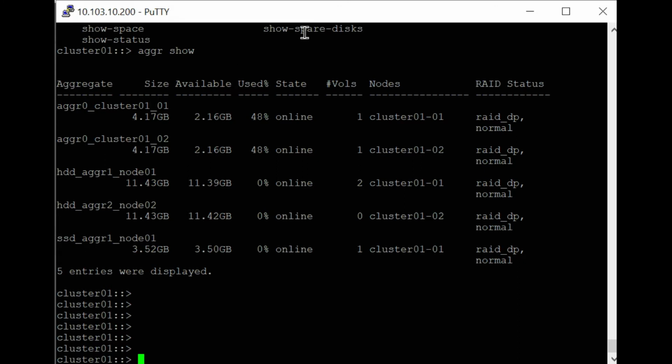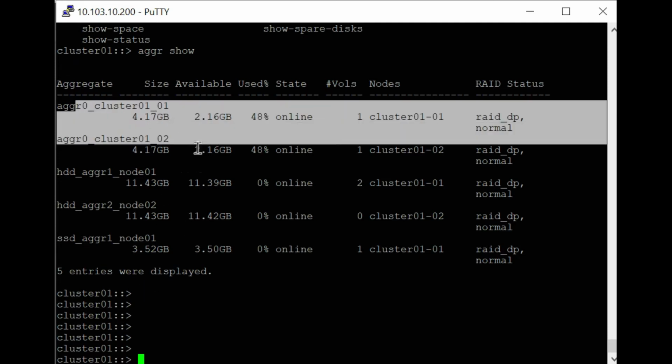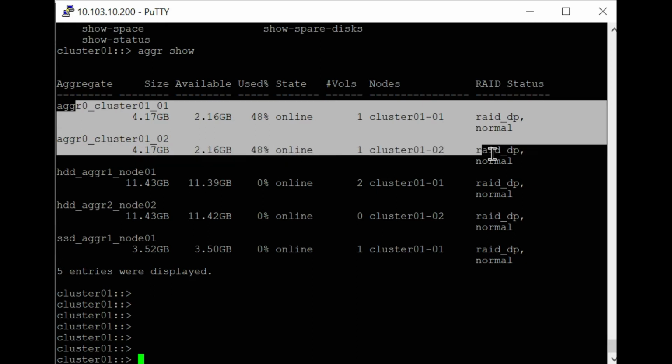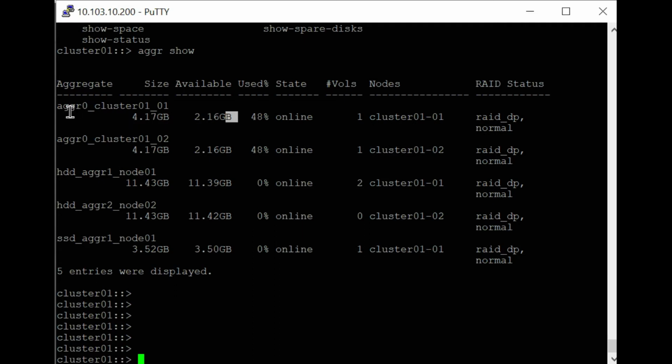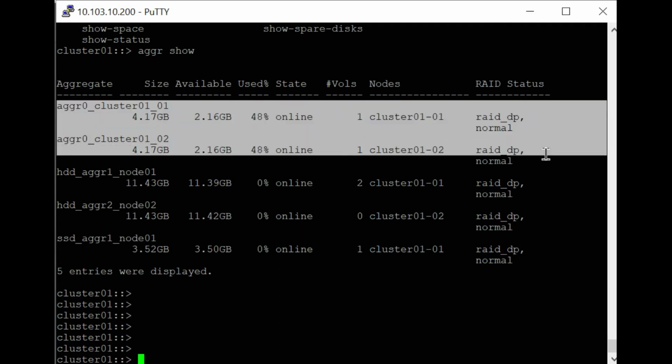Okay, so on this system here we have 5 pools. 2 of them are the system aggregates where the configuration of the storage system is stored. So it's more like a database for the configuration, and we don't use these. Okay, so we could use other types of aggregates that we manually create to start storing data on top of them.